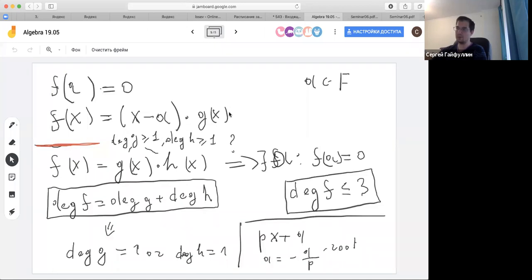The first part is very small. If we have a root, then of course f equals x minus a multiplied by g, and then f is reducible because there are two divisors, x minus a and g. So the first is: if f has a root, then f is reducible.